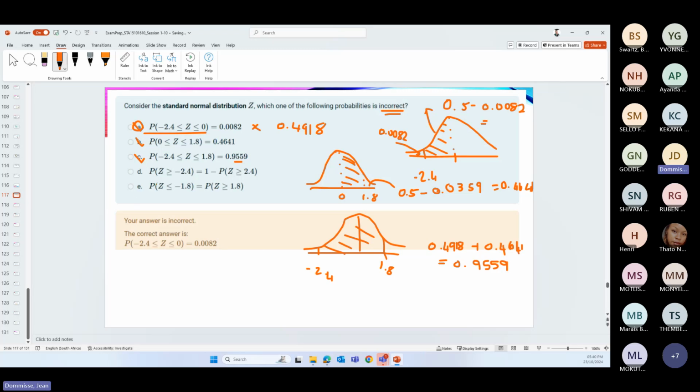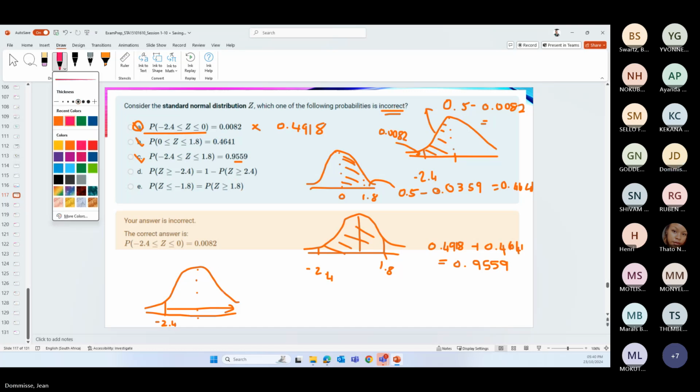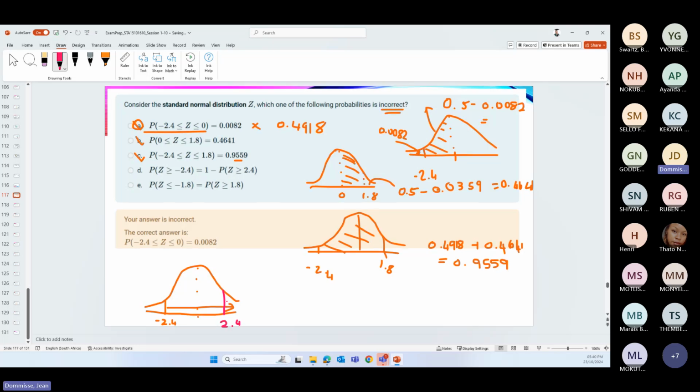Then they say, if we need to work out the probability that Z is bigger than minus 2.4, is that then the same as 1 minus the probability of Z bigger than 2.4?